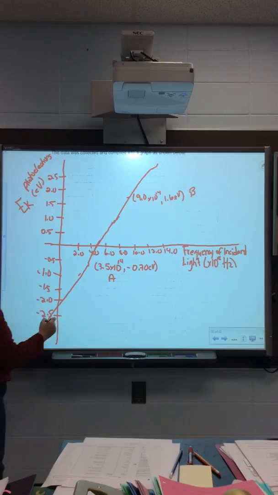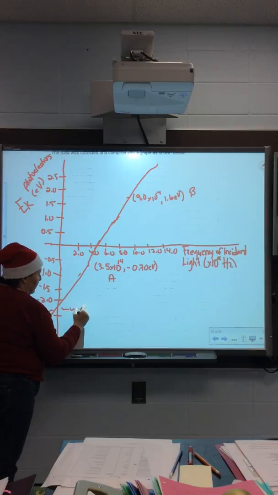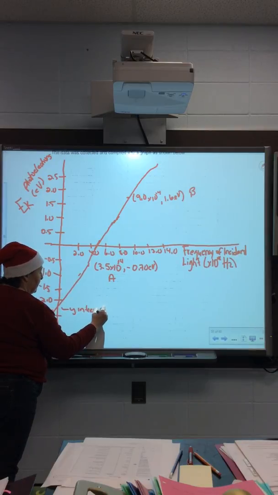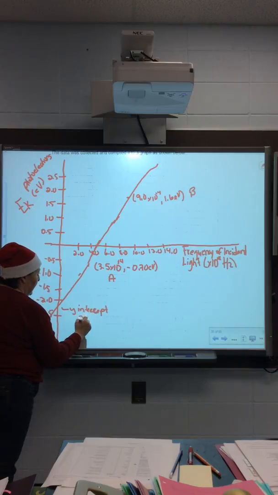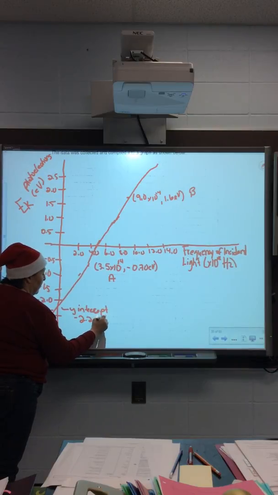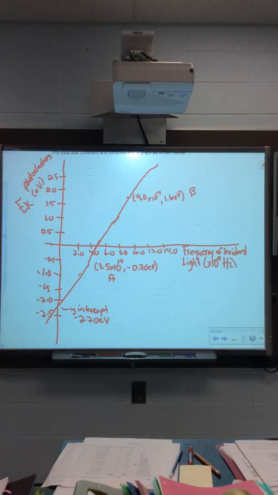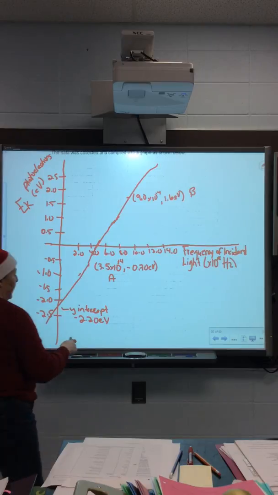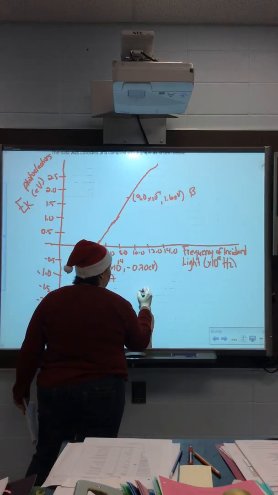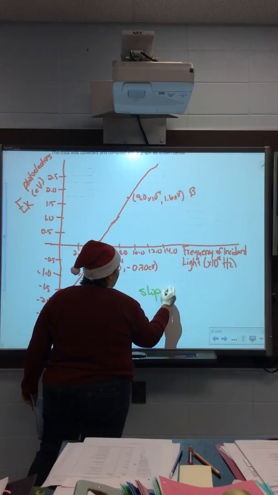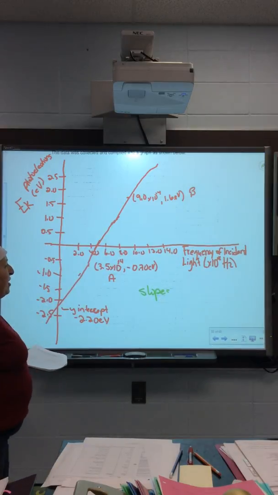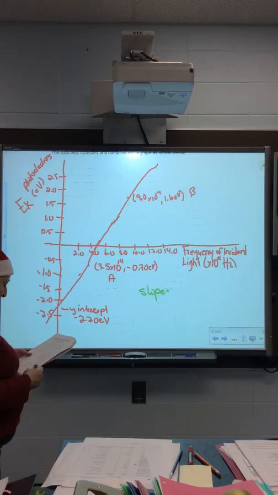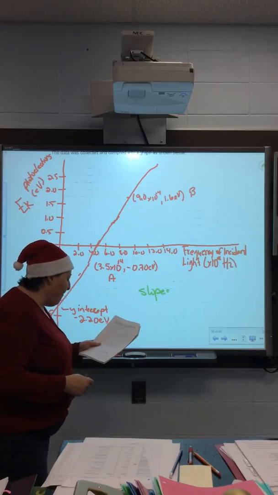Right here we have the y-intercept, and it's negative 2.20 electron volts. And then we can figure out the slope. If you're wondering where this data came from, it's just data that was collected from an experiment.